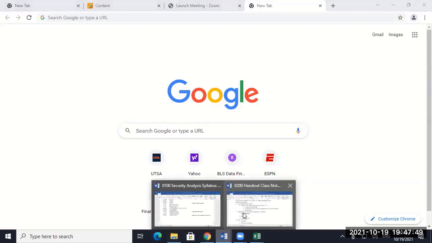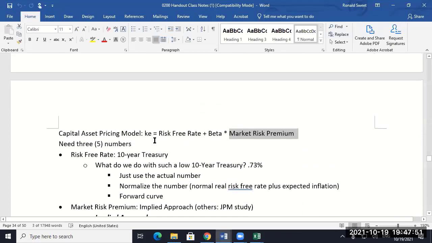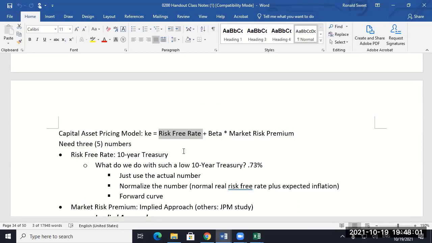So you've got to come up with these essentially three numbers. The risk-free rate is historically, when this first came out, Roger Ibbotson was the guru for the risk-free rate and the market risk premium before Damodaran. Dr. Ibbotson from Chicago started a firm called Ibbotson and Associates. He's really done most of the academic studies on this.